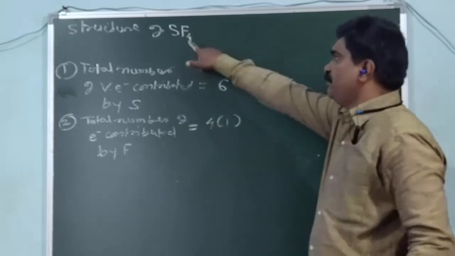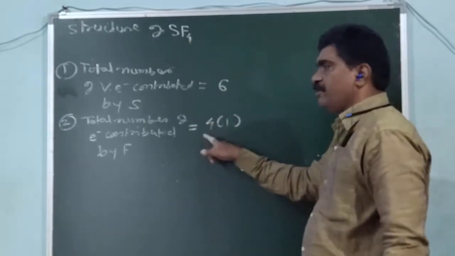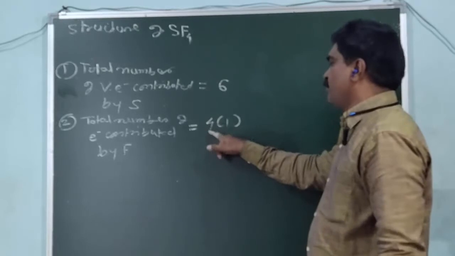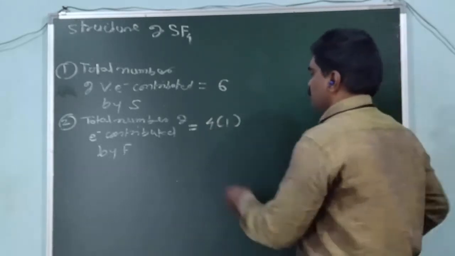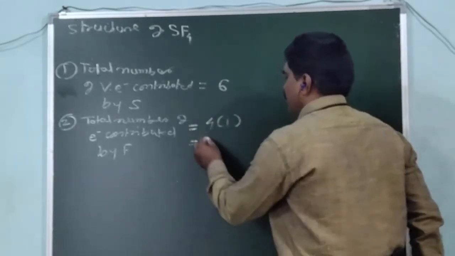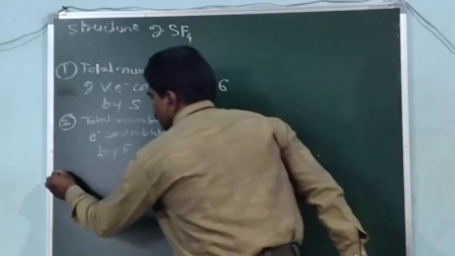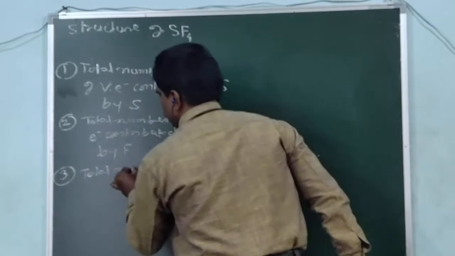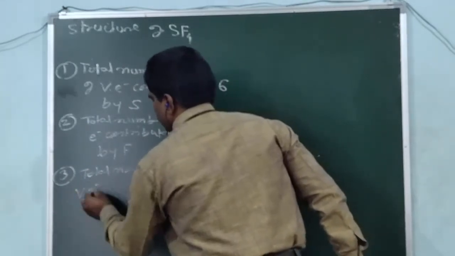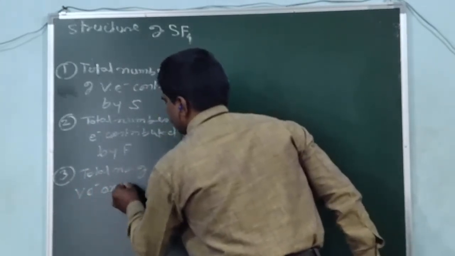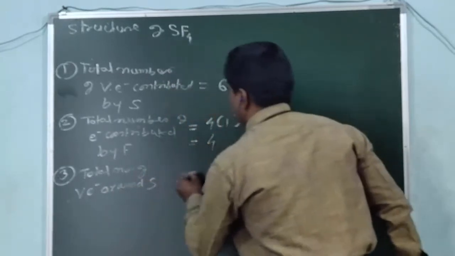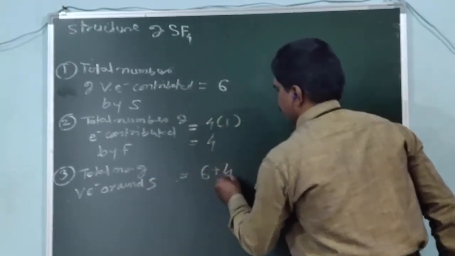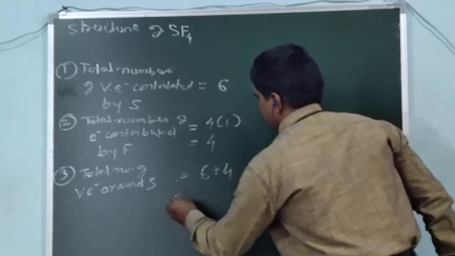Each fluorine contributes 1 electron, so 4 into 1, you will get 4. So the total number of valence electrons around sulfur will be equal to 6 plus 4, that is equal to 10.